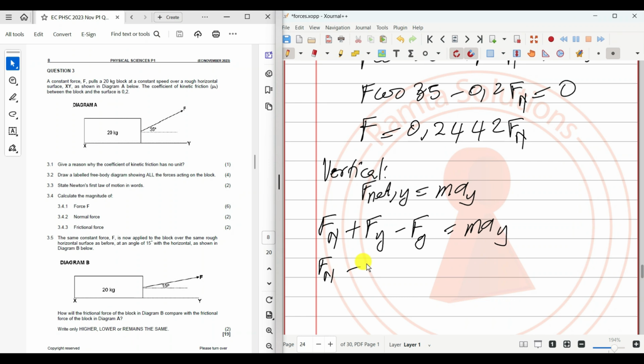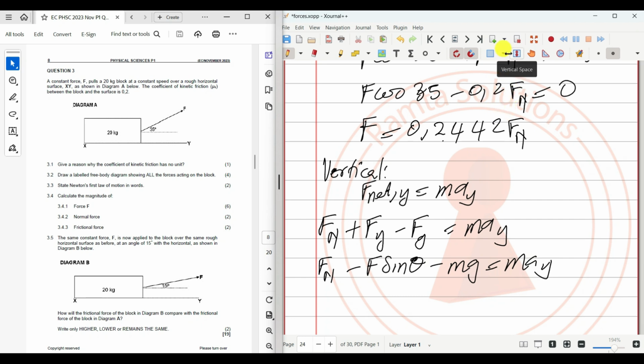And what is this? It will now be F sine theta minus mg equals ma sub y. So this one, we can change it, and let's look at it.